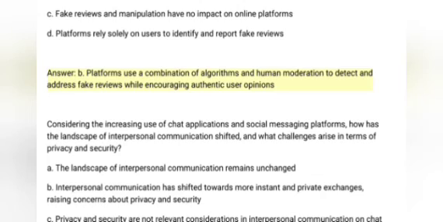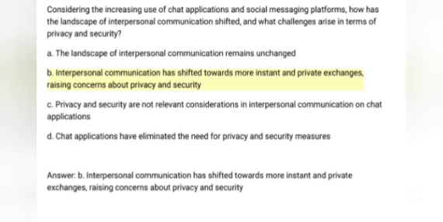user opinions. Considering the increasing use of chat applications and social messaging platforms, how has the landscape of interpersonal communication shifted, and what challenges arise in terms of privacy and security? A. The landscape of interpersonal communication remains unchanged. B. Interpersonal communication has shifted towards more instant and private exchanges, raising concerns about privacy and security.